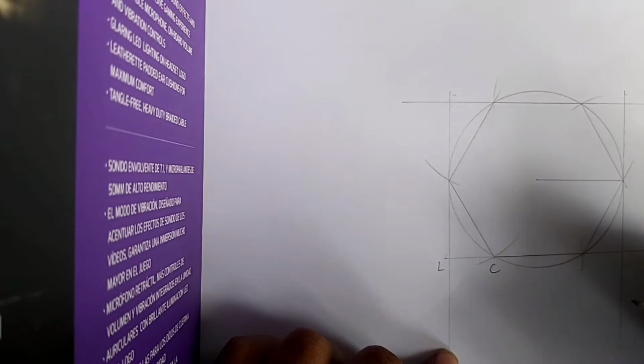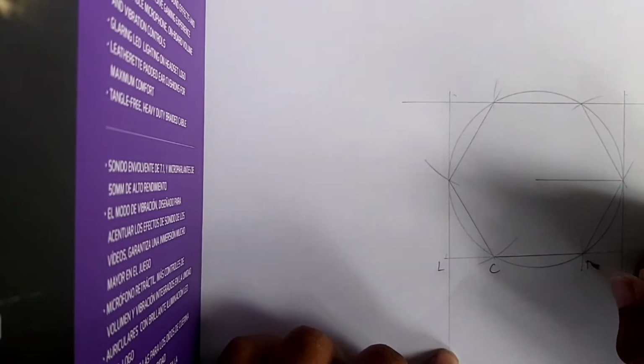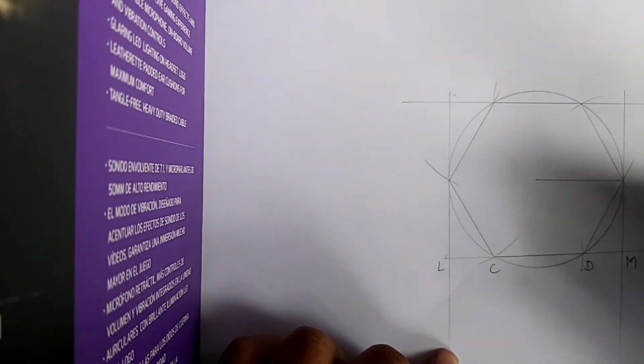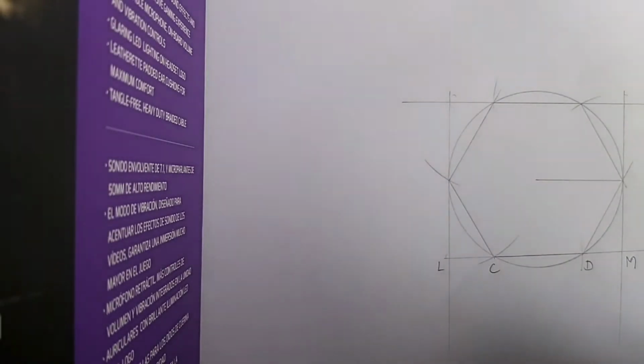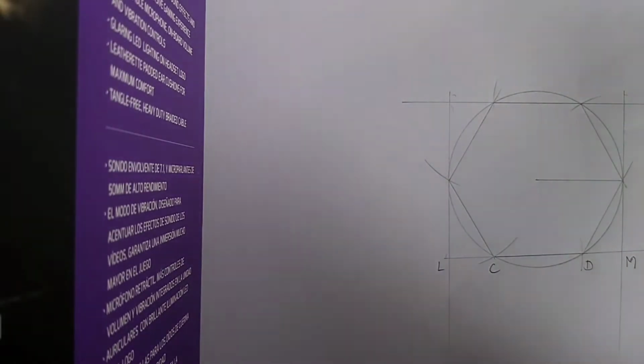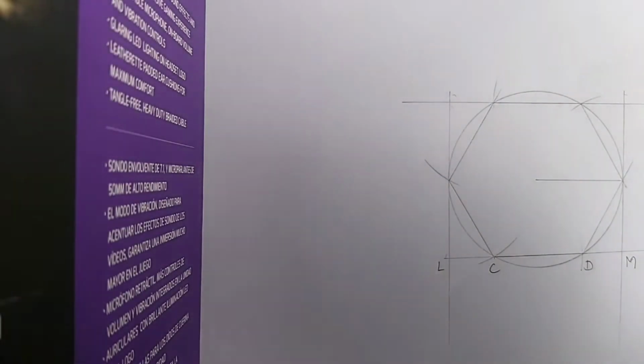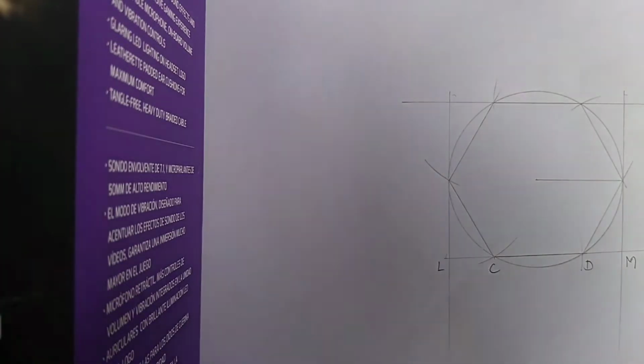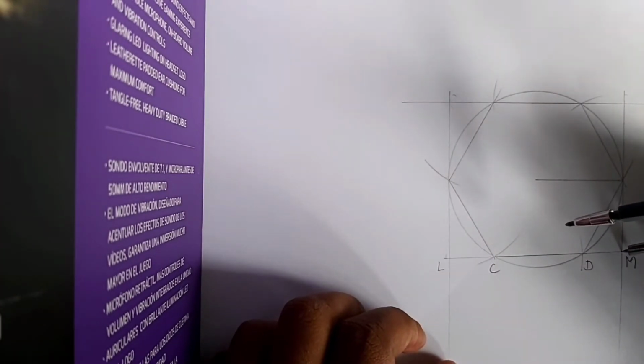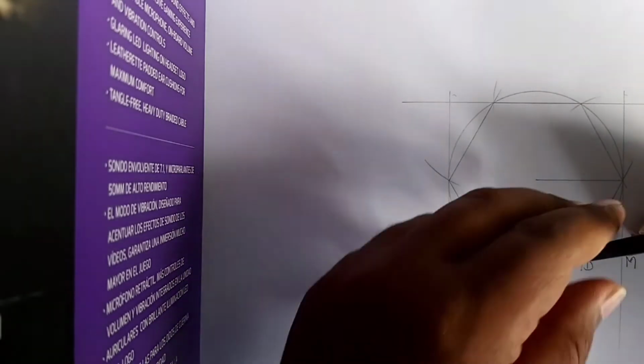So here you can see me labeling some sides here, L, C, D, and M. And that is what I'm going to use to transfer the hexagon onto the isometric projection, right?